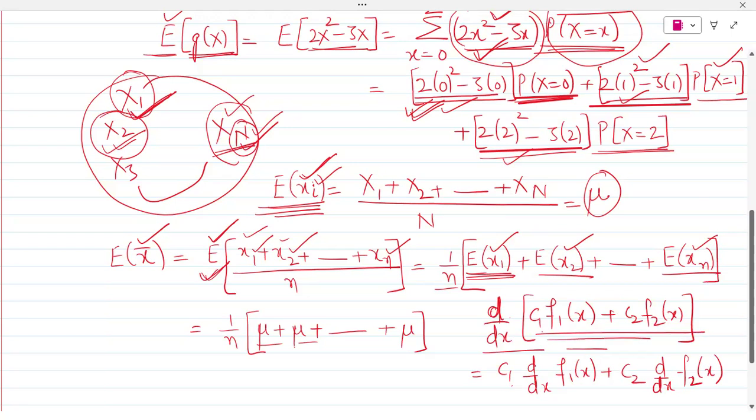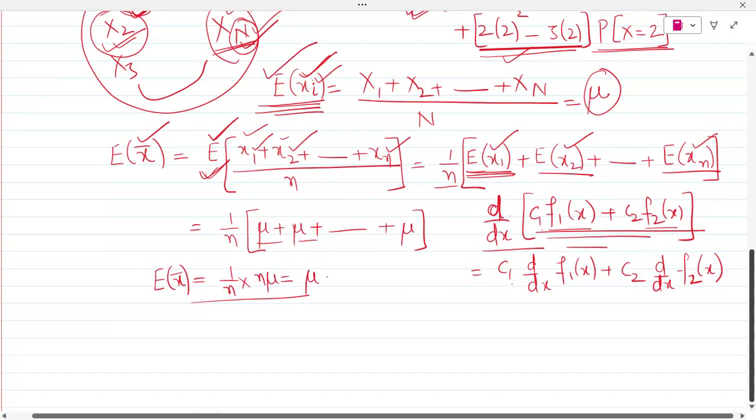If I integrate with respect to x, that will be c1 times the integration of f1 plus c2 times the integration of f2. So just like differentiation and integration, expectation is also linear. This is the linearity property of expectation. So now it is 1 by n into n mu, which is nothing but mu. This is the second result, after the first result.